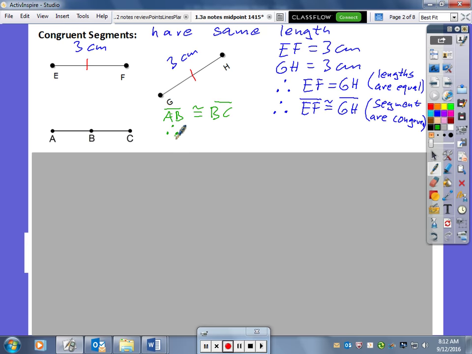Therefore, B is the midpoint of AC. And again, we can indicate the fact that AB and BC are congruent by making little hash marks like this.